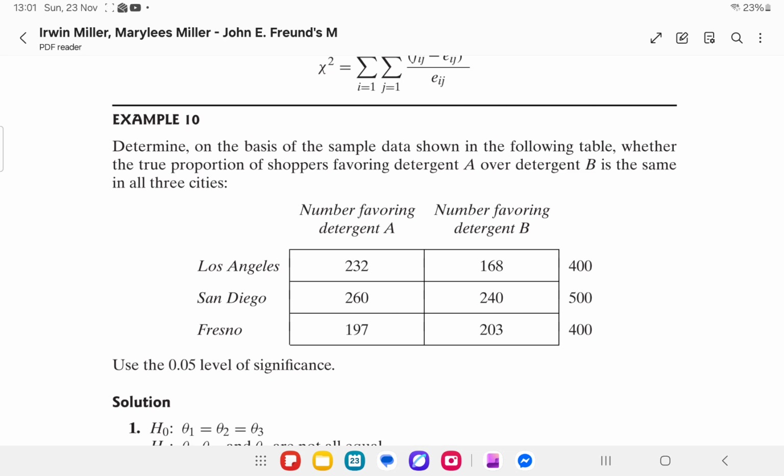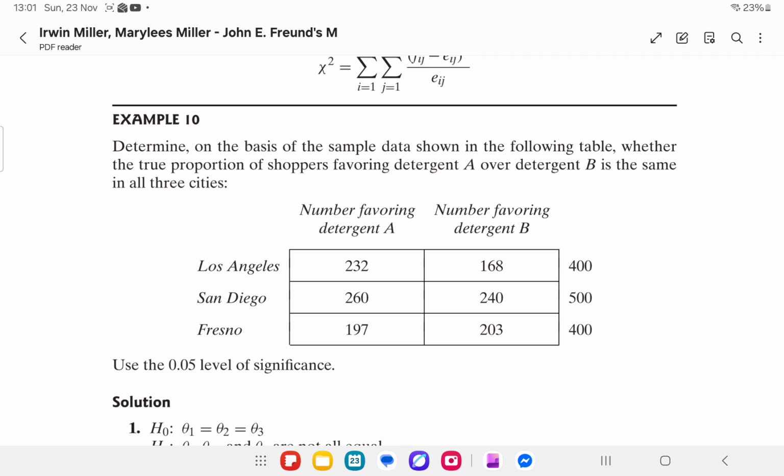If the study had been held in Los Angeles and San Diego, then it is a two proportion comparison. But since Fresno, another city, has been added, there are three proportions. So when there are three proportions, we could call it k proportions.